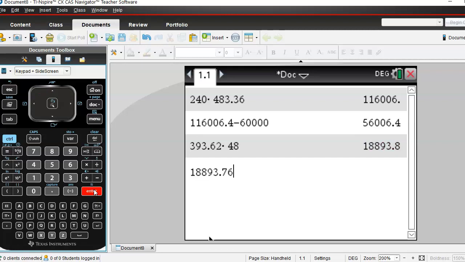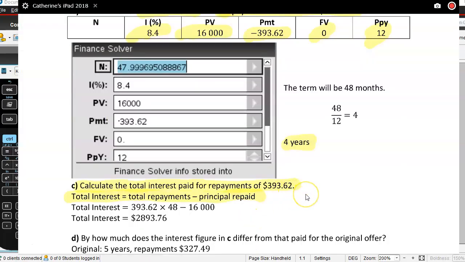So double checking, $18,893.76 is how much we've actually paid to the bank. We only borrowed $16,000 though. So that means we paid $2,893.76 in interest. That's the cost of borrowing that money.